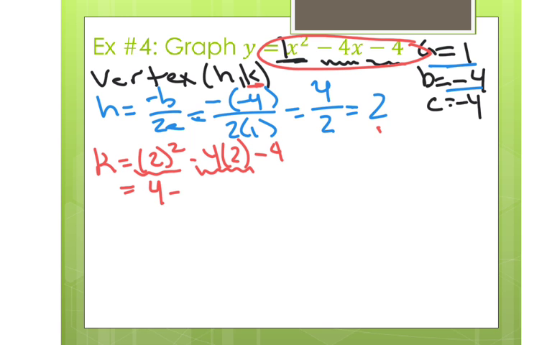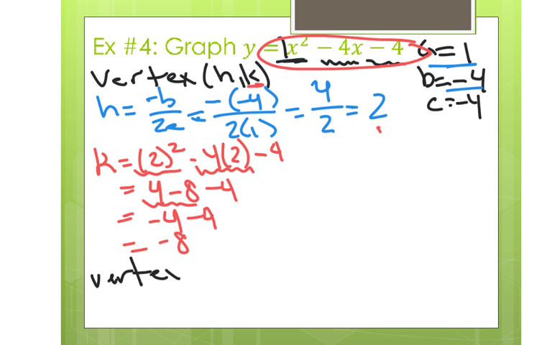Negative 4 times 2 is negative 8, and then subtract 4. Left to right, 4 minus 8 is negative 4, minus 4 gives us negative 8. So our vertex is 2, negative 8.